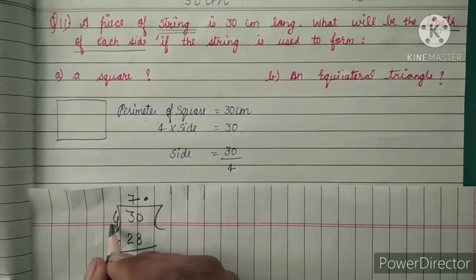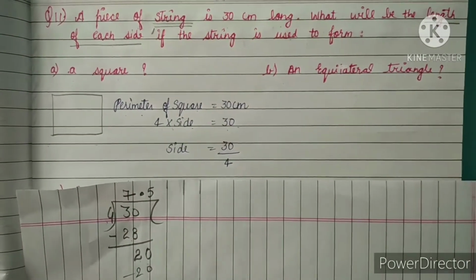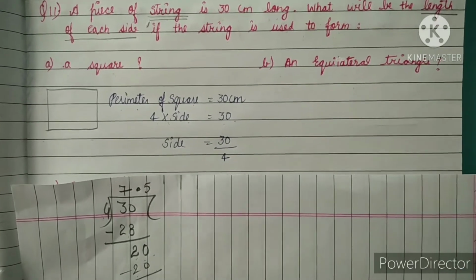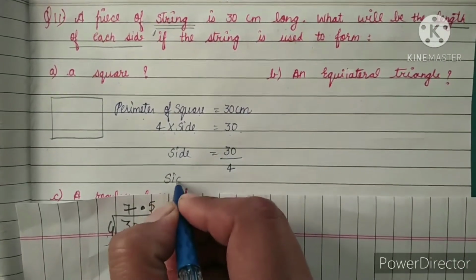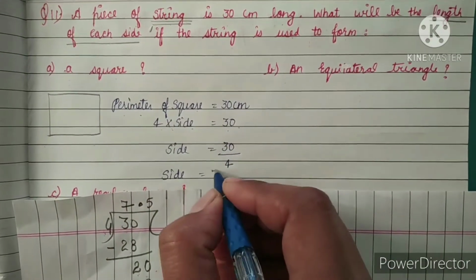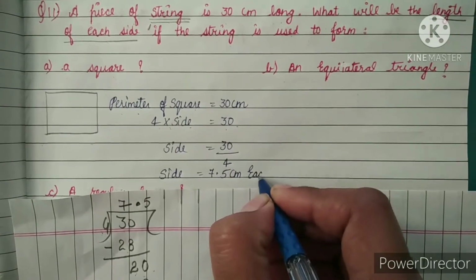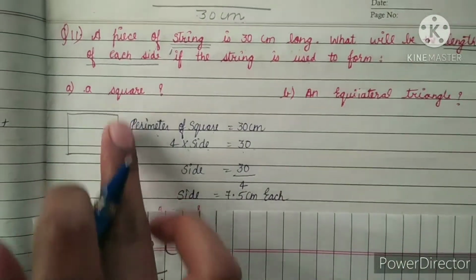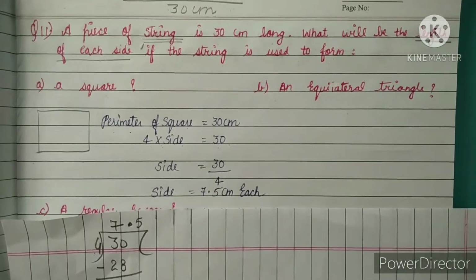And in the table of 4, 20 comes 5 times, and 20 minus 20 is nothing. So the side length will be 7.5 centimeter each. So each side of the square is 7.5 centimeter.